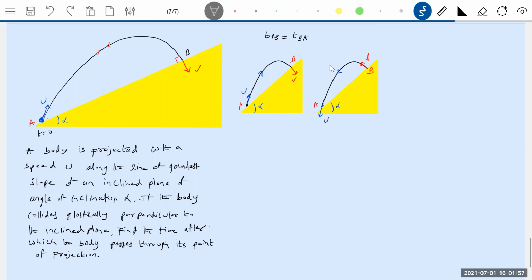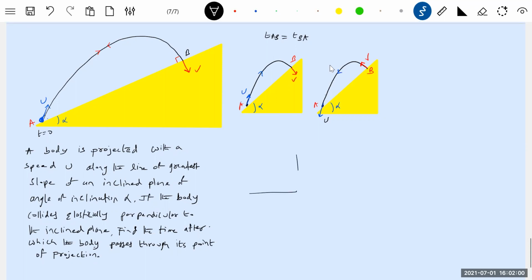You can take one example: you throw a ball, it goes, collides, then retraces its path, and the time taken from A to B and B to A will be the same. Practically it is not possible, but we are discussing the ideal case. The same thing holds for the inclined plane also. Sir, but when it rebounds, it will have accelerated motion now, so it will travel in less time. Nothing of that sort.